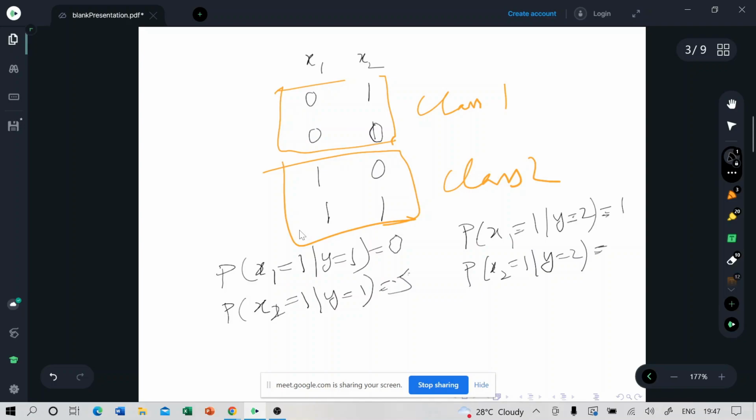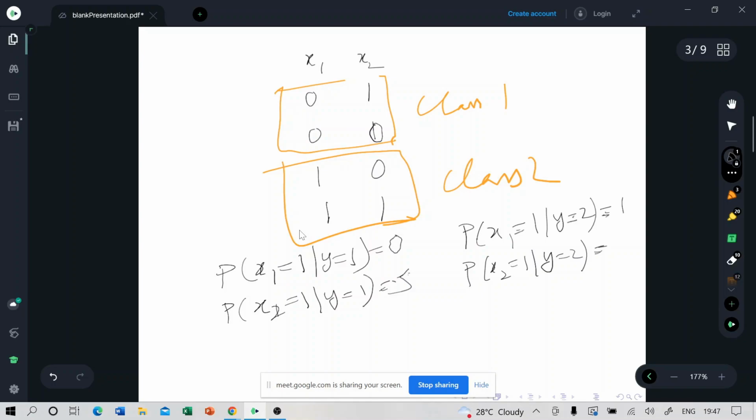And when there are lots of 0 entries in this feature matrix, it is highly likely that the probabilities of some of the features will become 0. It's very common that most of the entries of this feature matrix will be 0.